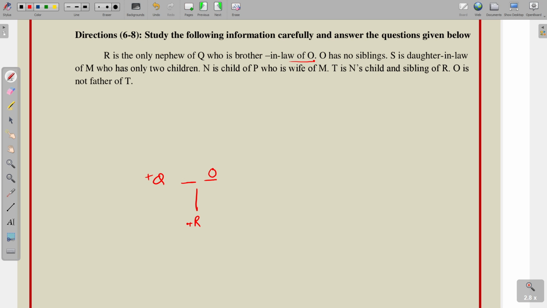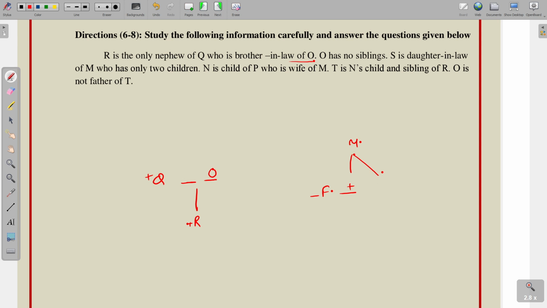S is daughter-in-law of M who has only 2 children, so S is daughter-in-law of M, it means S is the wife of this person who is the child of M, so son of M, and also M has only 2 children.